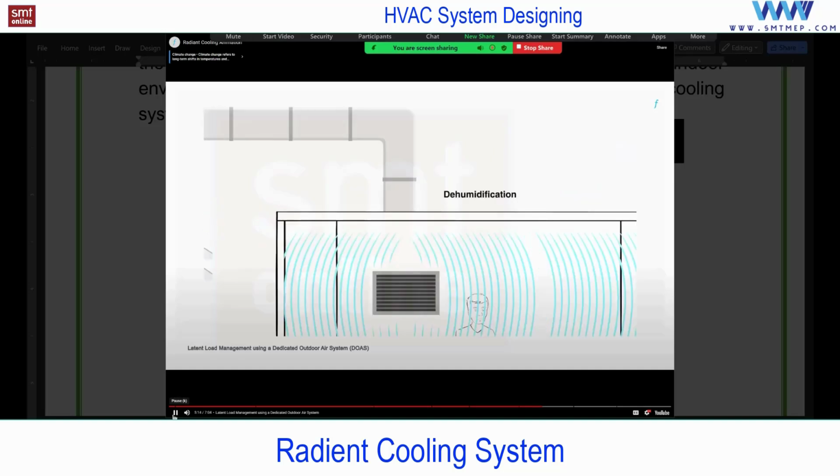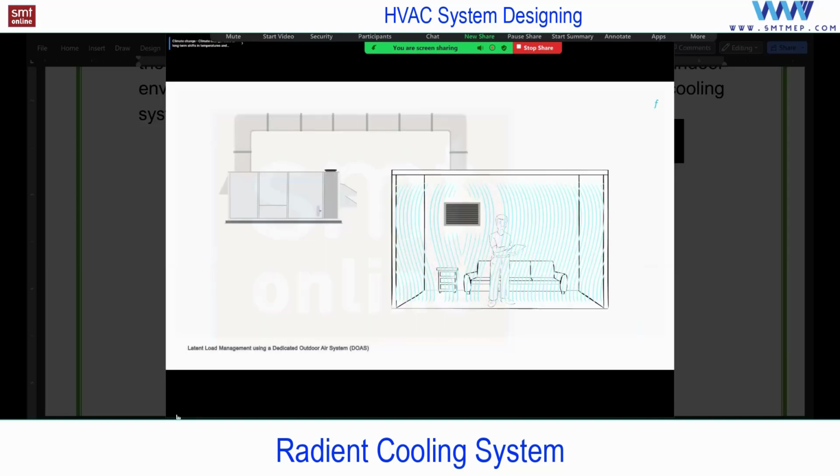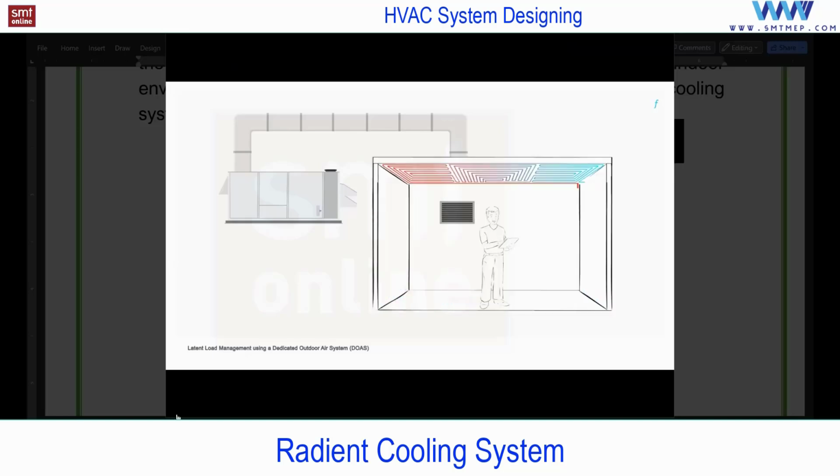Along with dehumidification, the dedicated outdoor air system accomplishes ventilation and filtration. The air quantity requirement in this system is much lesser when compared to a typical air-based cooling system. Together with a dedicated outdoor air system, radiant cooling can completely address the thermal comfort requirements in any climatic zone.